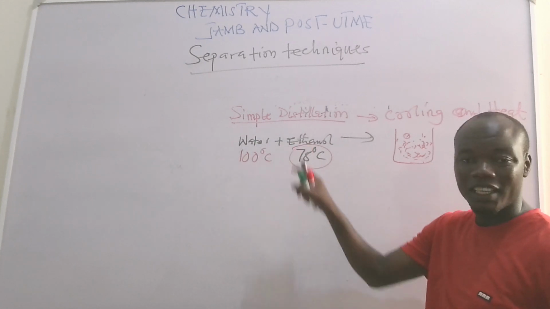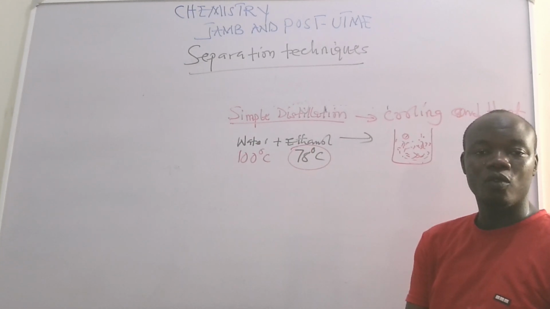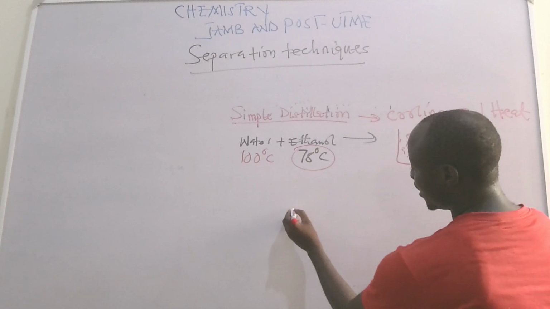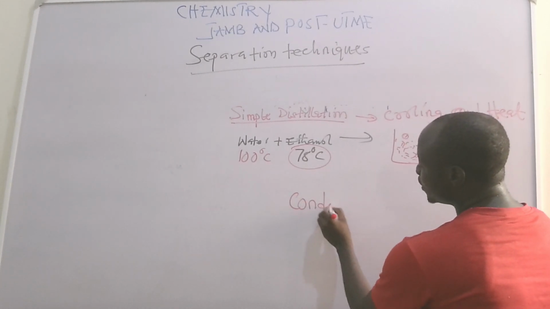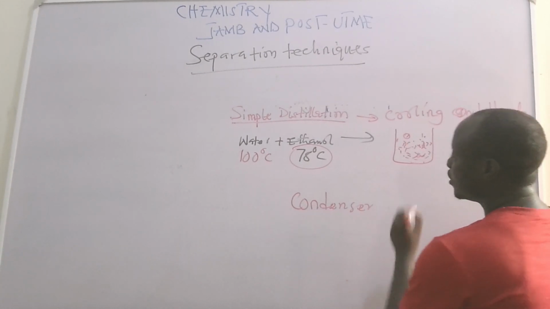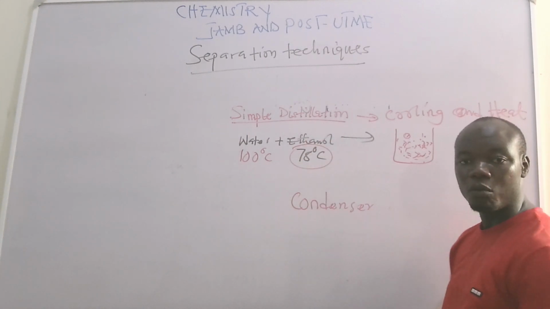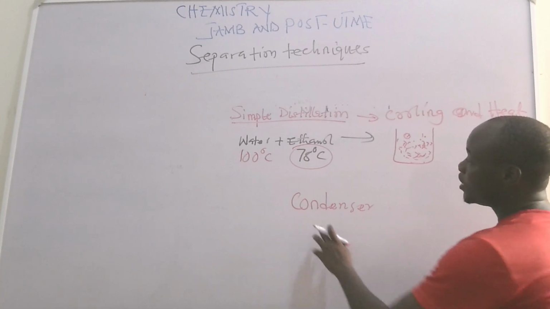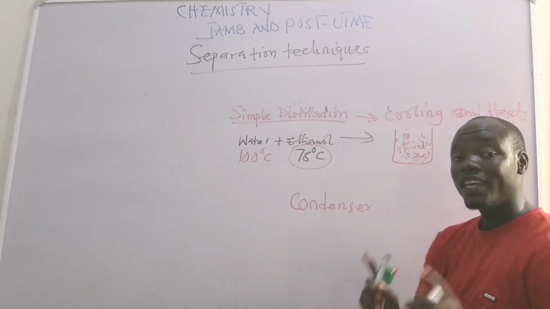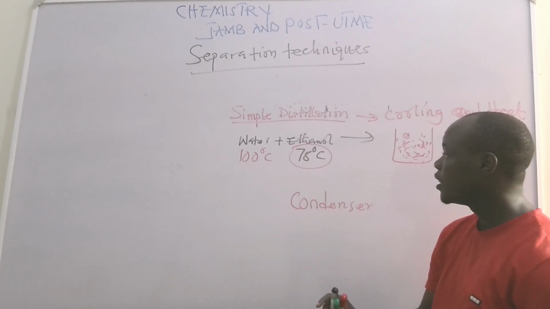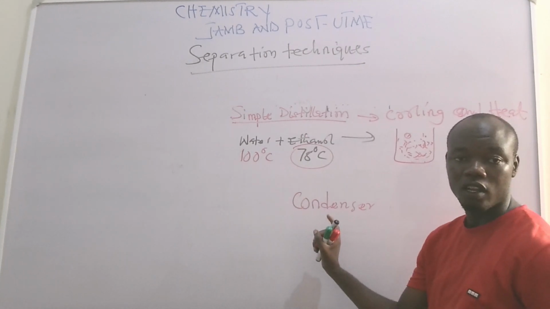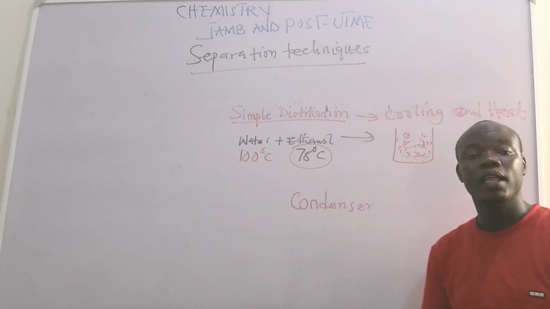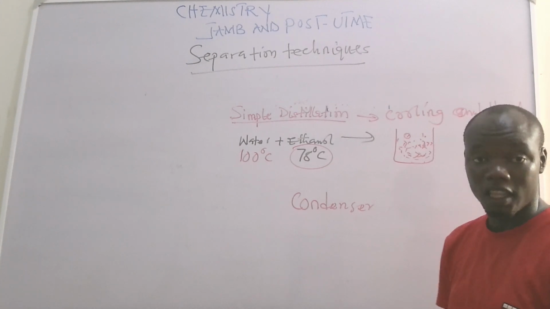In the simple distillation, there is what we call a condenser. As the ethanol evaporates, it will enter the condenser, and this condenser will cool the vapor of the ethanol.